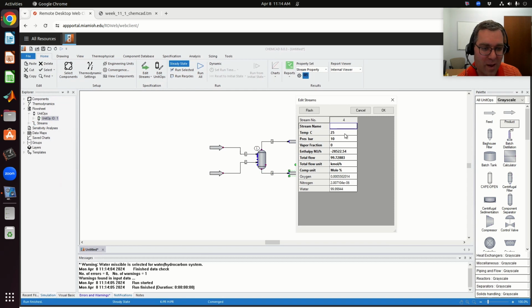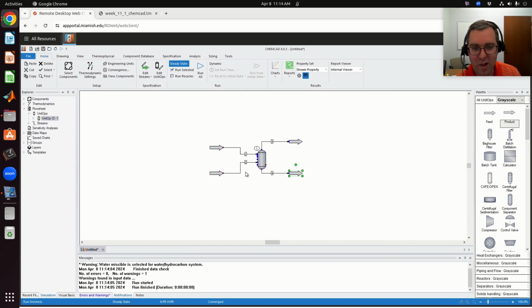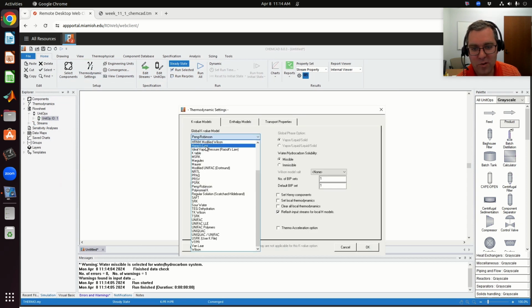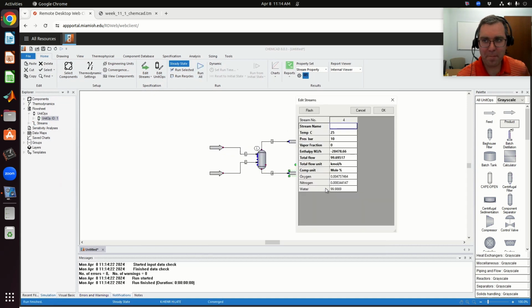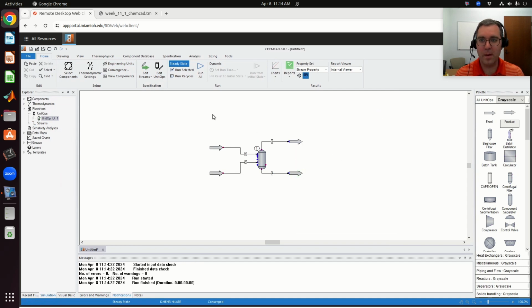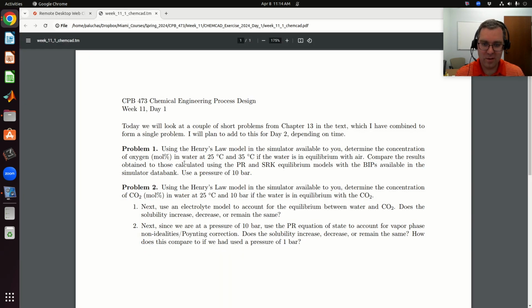So you can use Peng-Robinson, you can use SRK, we can use Henry's law. To use Henry's law, we just looked at choosing Henry's law, or the default recommendation is Rayleigh's law, and then you can choose oxygen and nitrogen as Henry's components. And so that's essentially problem one.